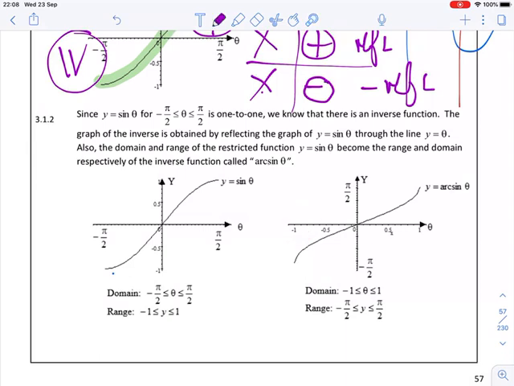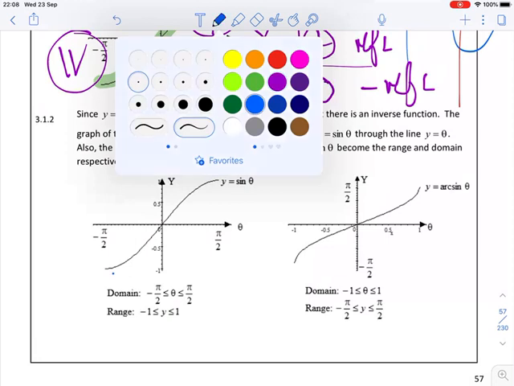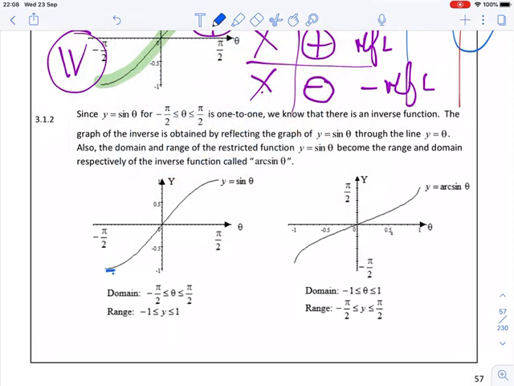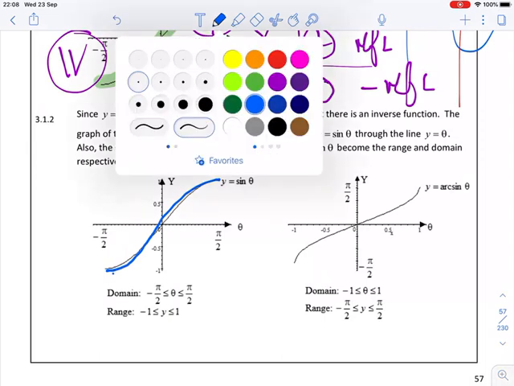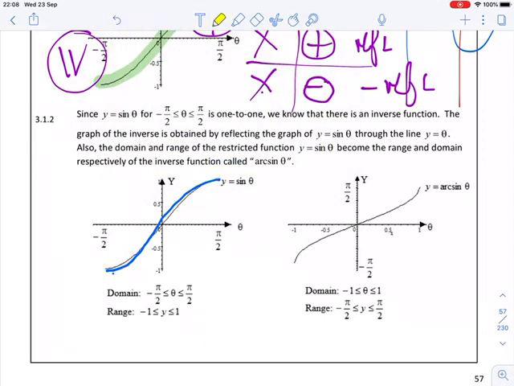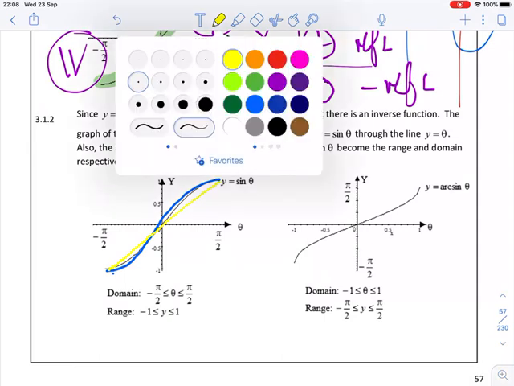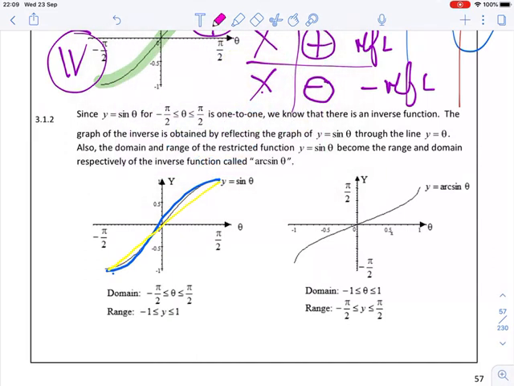And then the other important thing, please make 100% sure when you draw the graph, that's your sine graph. Your inverse will be a reflection through the y is equal to x axis. In other words, the graph must be shaped this way around. So make sure that you draw it correctly.